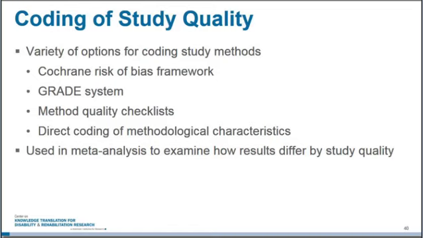So, for example, if you're interested in effective interventions and you're interested in experimental studies, you might code whether or not there is evidence that the treatment group and the control group were balanced and looked similar to each other at the beginning of the study. And we use these ratings and coding of study quality in a meta-analysis to examine if the results across studies differ by study quality.